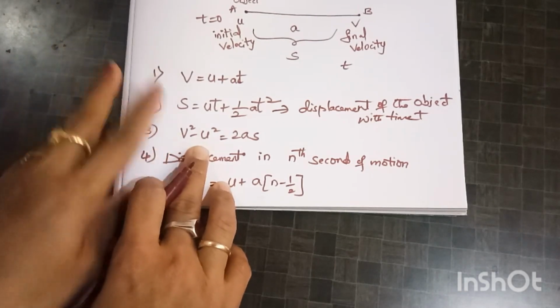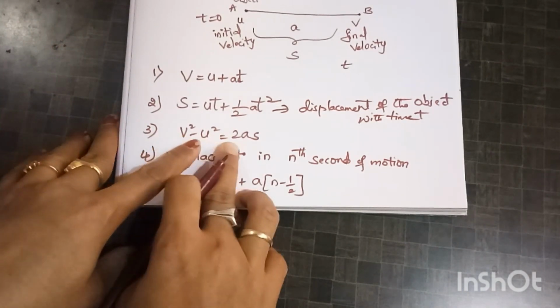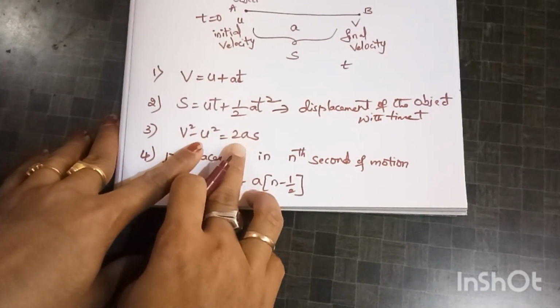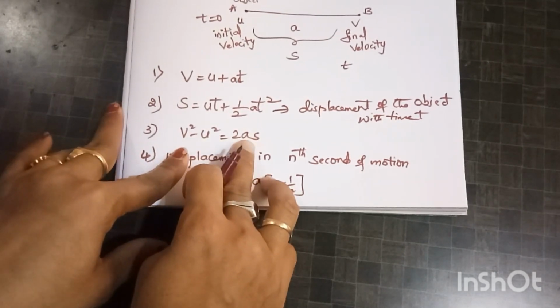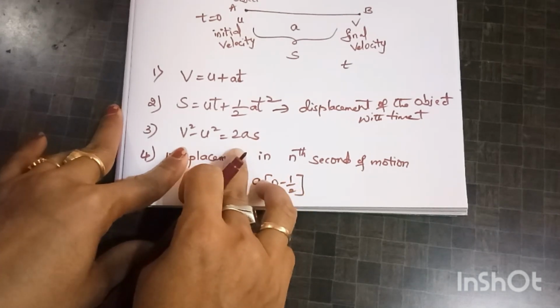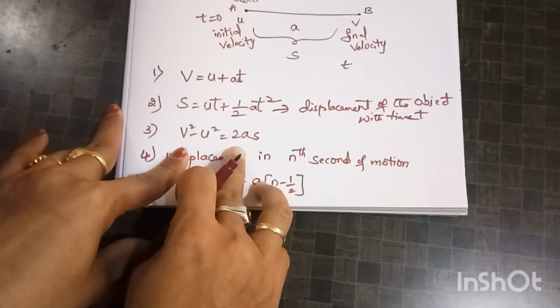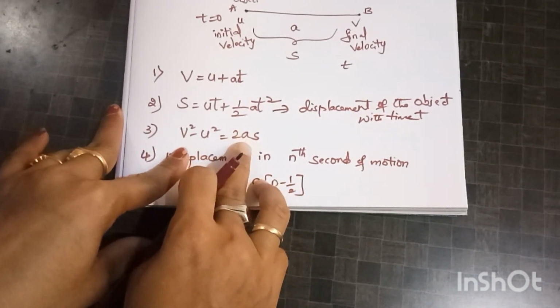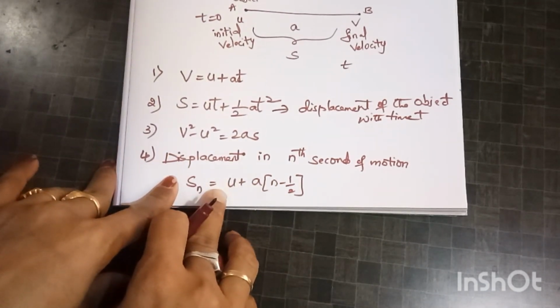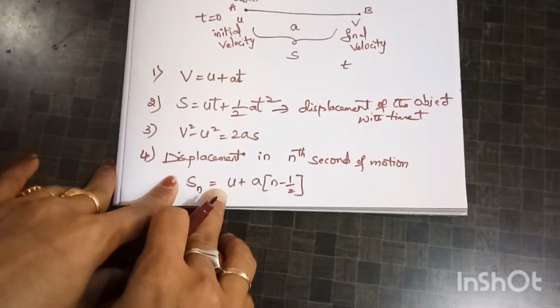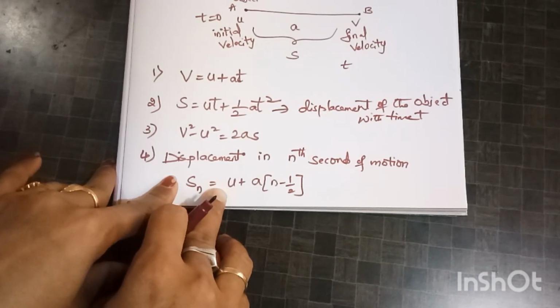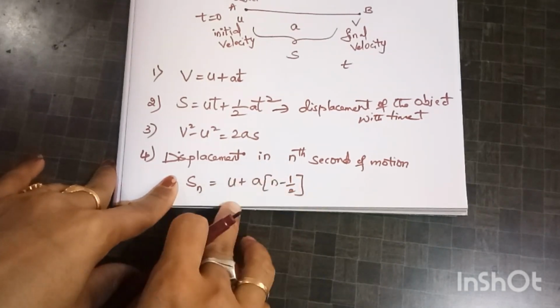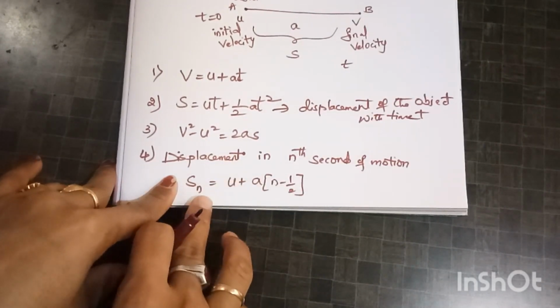And for the third equation, v square minus u square equals 2as, you can observe that you have final velocity, initial velocity, uniform acceleration and displacement. In this equation you don't have the term t. For the next equation, suppose an object is traveling in the nth second. The displacement can be written as Sn.